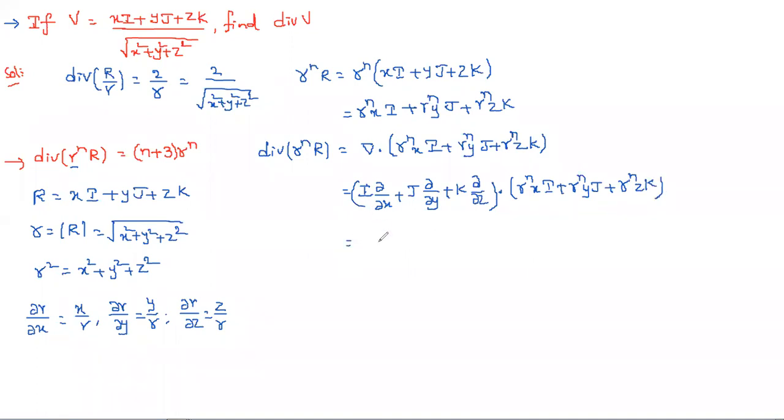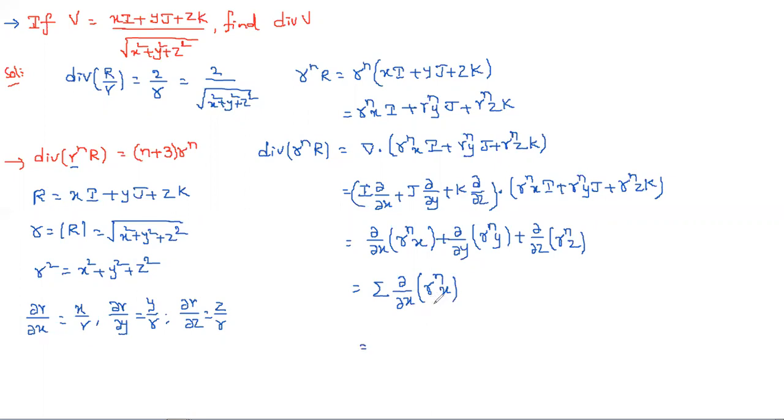If you apply the dot product here, we get ∂/∂x of r^n into x plus ∂/∂y of r^n into y plus ∂/∂z of r^n into z. You can calculate the entire part, or simply apply the summation ∂/∂x of r^n into x. If you observe, we can apply the product rule: choose r^n as u, and x as v.